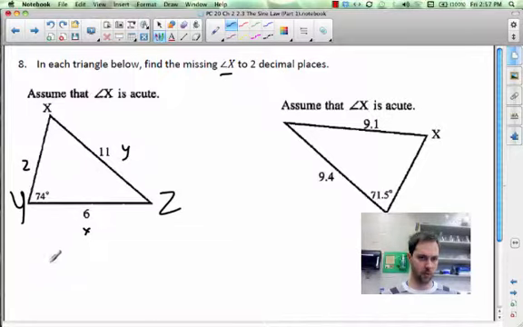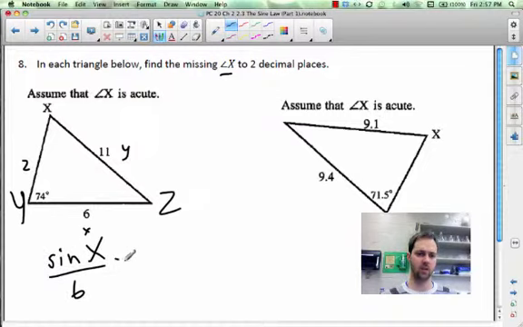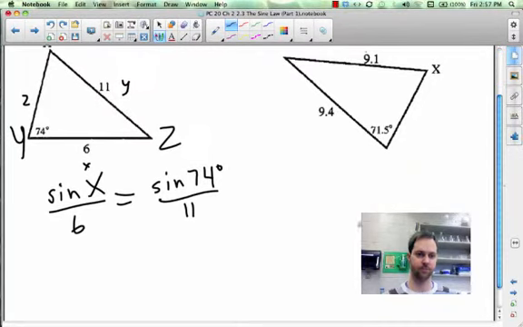So we can go sine of unknown big angle x over 6, its corresponding side, is equal to, now if we have sine of one angle on top, we have to have sine of the other angle on top as well. So sine of 74 over the side length y, which is 11.